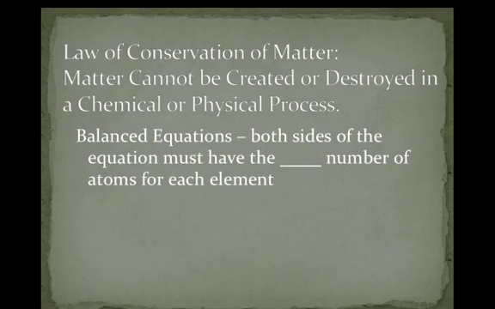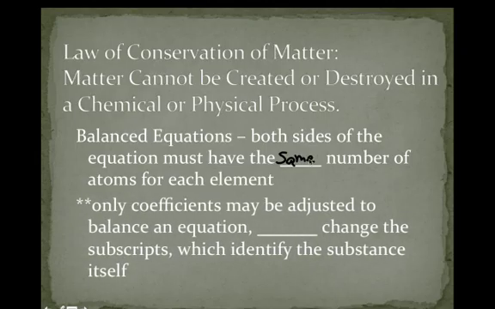Okay? So when we're talking about the law of conservation of mass, it means we have to balance our equation. Balancing our equation means both sides of the equation must have the same number of atoms of each element on both sides. But there's a rule here. There's a catch. You can only change the coefficient to adjust the balance of an equation.